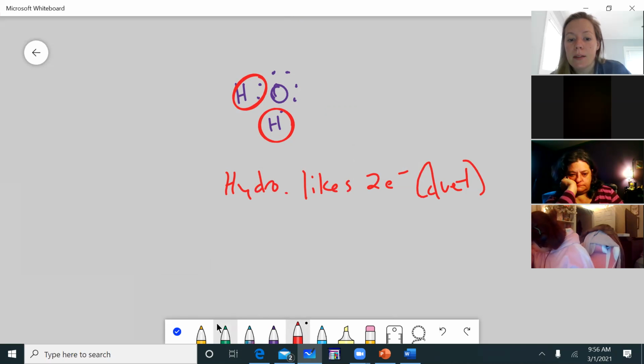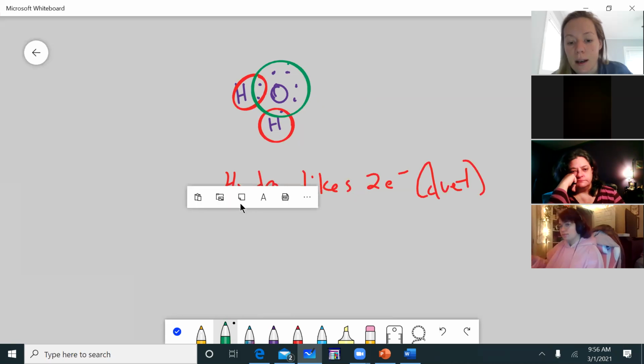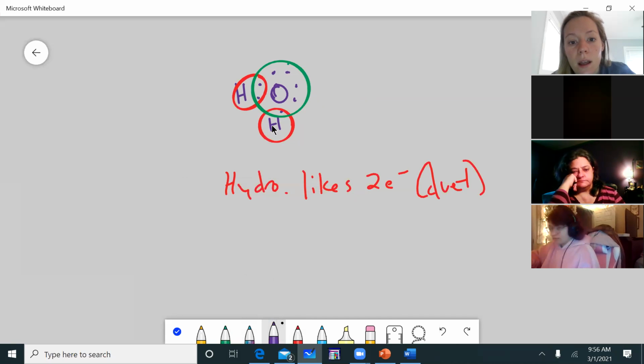Well, by making this sort of symbiotic relationship, oxygen has its original 6, and it also has access to 8 electrons, right? These 4, and then the 2 here and the 2 here. So by sharing, everyone was able to get their octet and or duet.